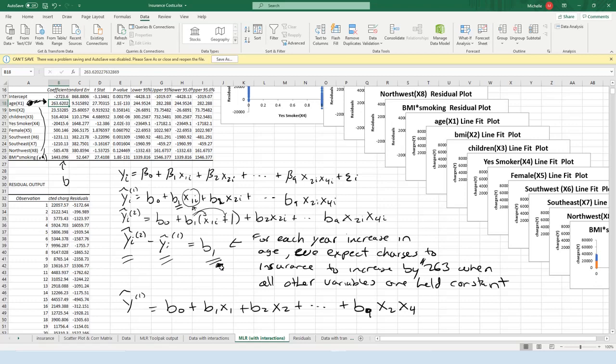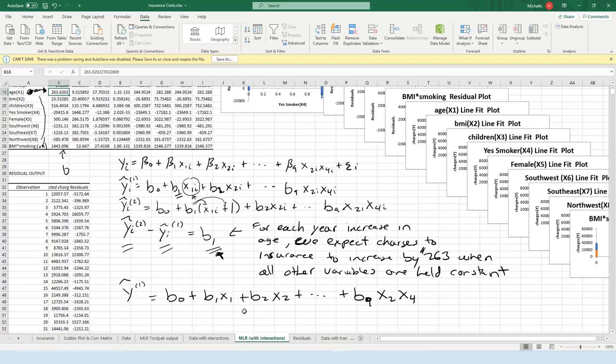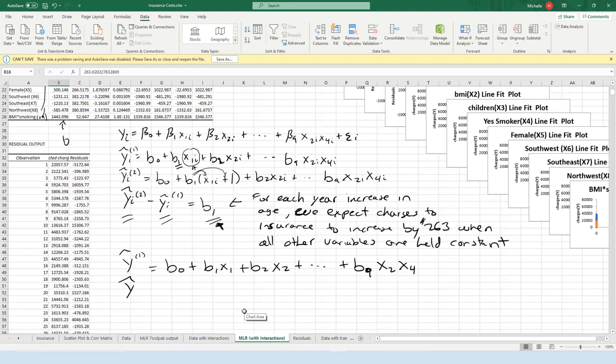Now let's say BMI increases by 1 unit. So the second one will be b0 plus b2 x1 plus b2 x2 plus 1 plus dot dot dot b9 x2 plus 1 times x4.